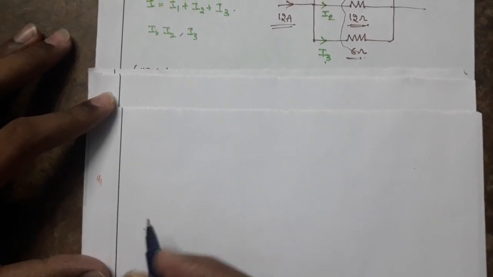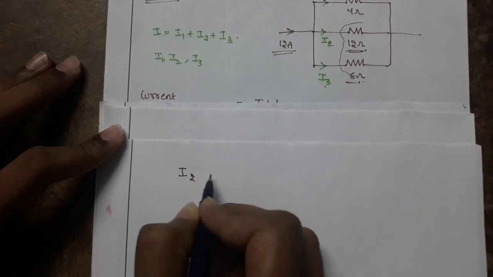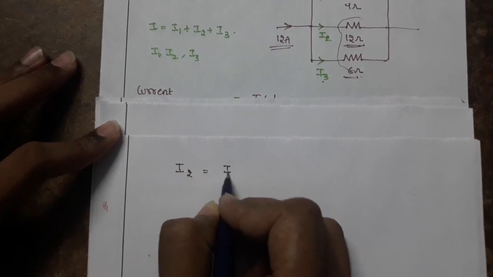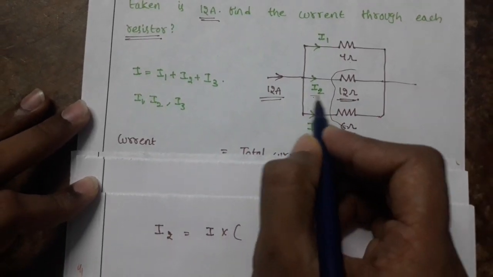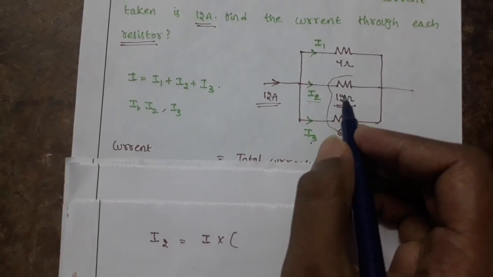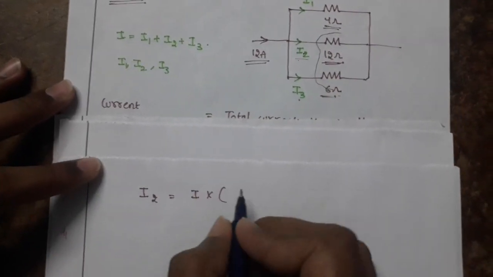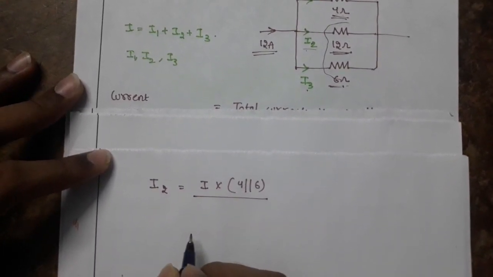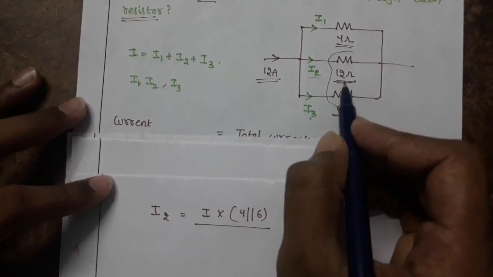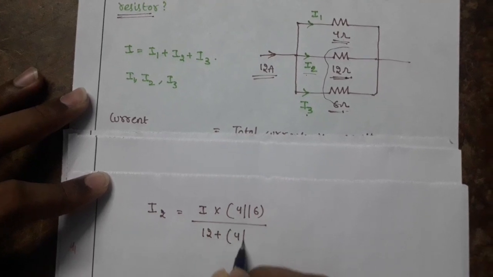Friends, now I am finding branch current I2. According to the current division rule, I2 equals total current I into the opposite branch resistance. As I am finding I2, we have to take the opposite branch resistance, that is R equivalent of 4 ohm and 6 ohm in parallel, divided by the sum of the resistances, that means 12 plus R equivalent of 4 and 6.